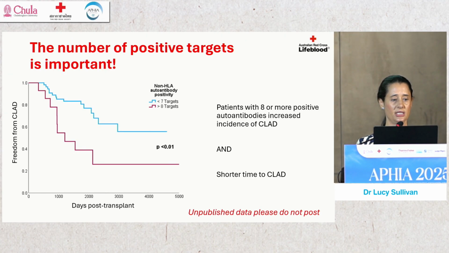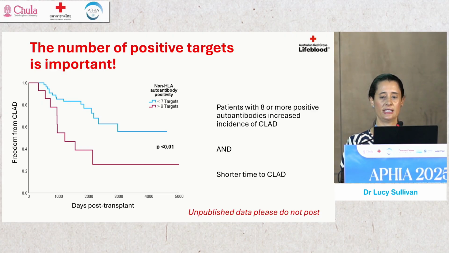I'll really just cut to the chase here in terms of time, but the take-home message was that there was a lot of data that you get off this panel, but there is almost a unique pattern of reactivity to individual patients that makes it quite difficult to interpret. But really the take-home message is that the number of positive targets was important.